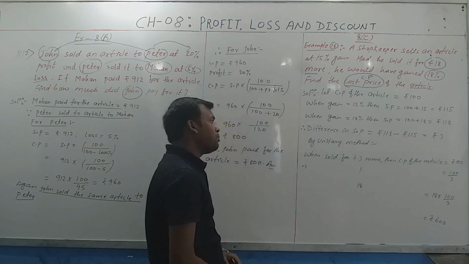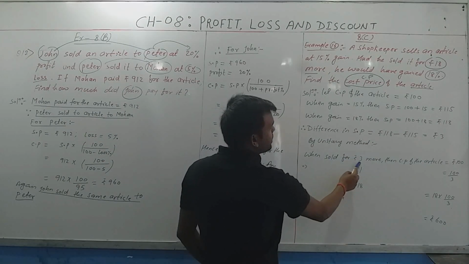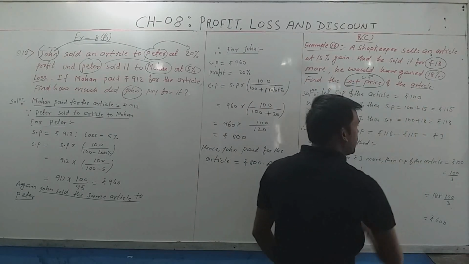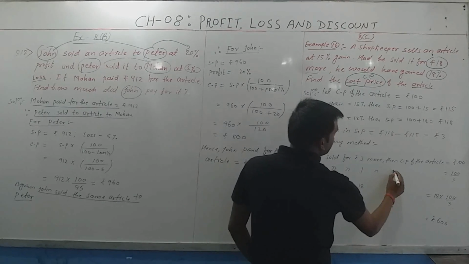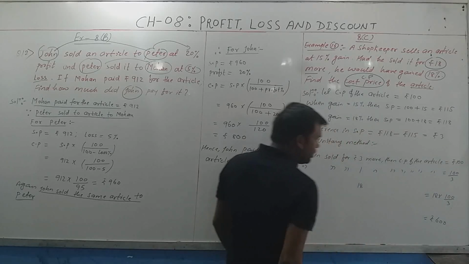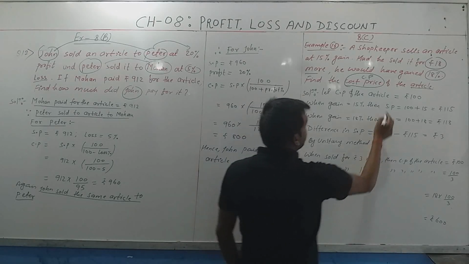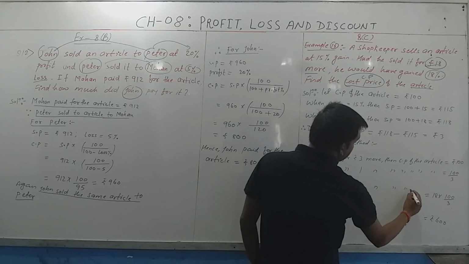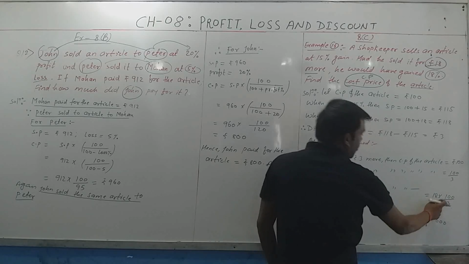Now I apply the unitary method. When sold for rupees 3 more, the cost price of the article is 100. Similarly, sold for 1 more, the CP of the article is 100 by 3. Therefore, sold for rupees 18 more, the CP of the article is 18 times 100 by 3.